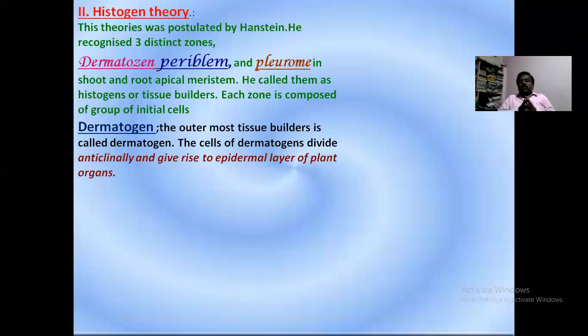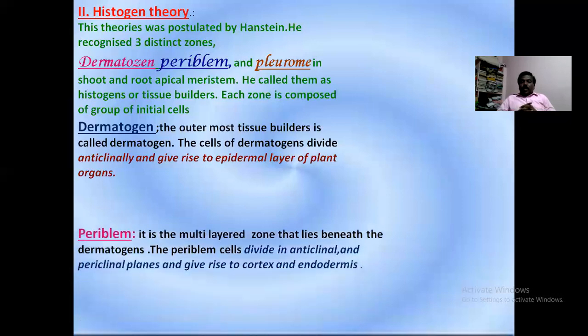Anticlinal division develops the epidermal layer of the plant organ. This protective outer layer, the epidermal layer, is produced by the dermatogen.